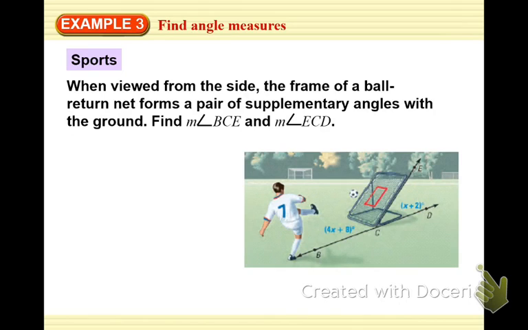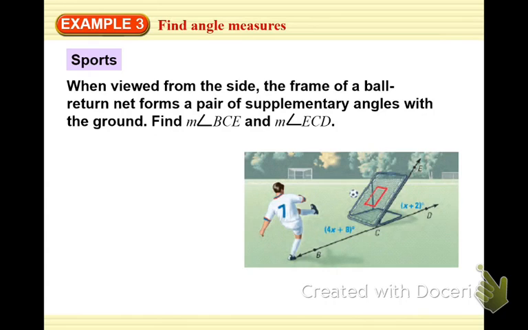Because looking at these two angles, since they're forming a pair of supplementary angles with the ground, these guys and these guys, then together they make a what? They make a line. Okay? Or, since we're talking about angles, a straight angle, right? So, what do we know about these two angles then? What do we call them? Supplementary. Yeah, they're supplementary angles.